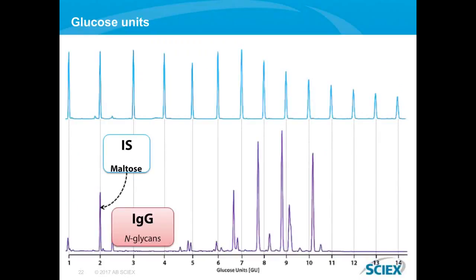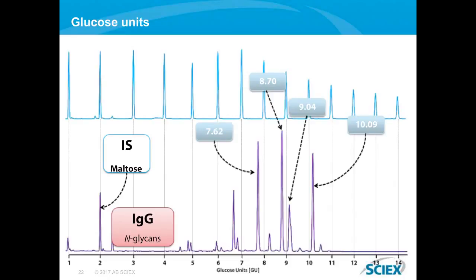How does it work? The original idea is to run the ladder, which is in the upper trace right here, and then run the sample. Based on that, one can just do the calculation based on the polynomial or a simple calculation of the numbers, which can be seen right here, which are the glucose unit values of these major components of this separation.